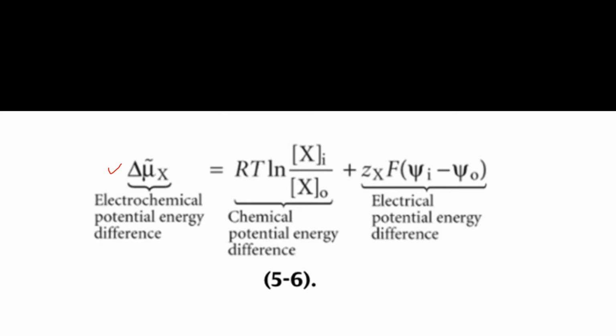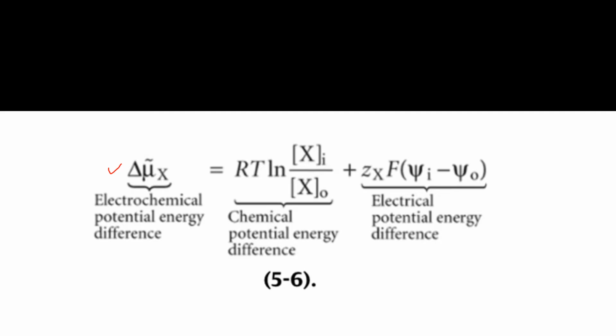This is another mathematical form of the previous discussion. Electrochemical potential energy is equal to the chemical potential energy difference plus the electrical potential energy difference. It is RT times the concentration of X in compartment A minus the concentration in compartment B, inside or outside.